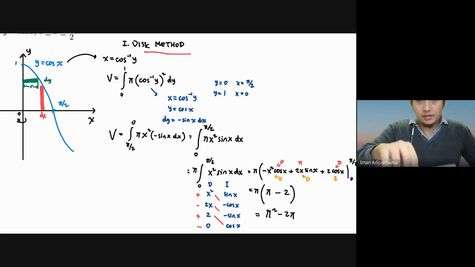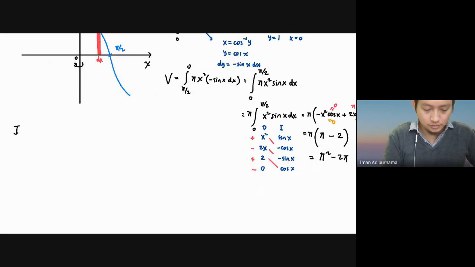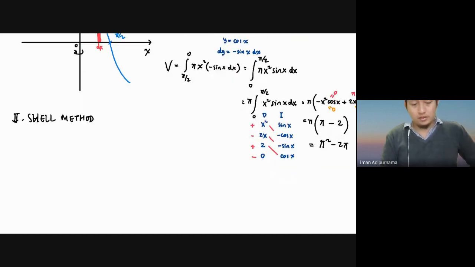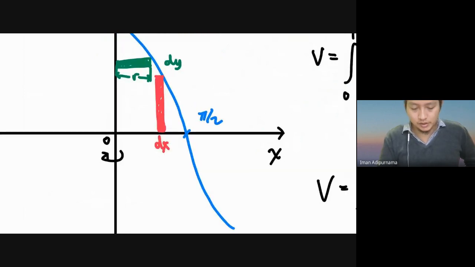Okay. The second one, if we try to use the shell, let me write here the shell. If you want to use the shell, then we are going to have this dx rectangle.